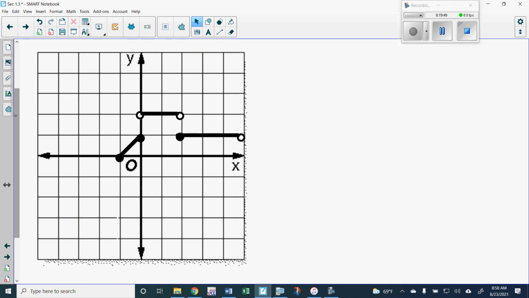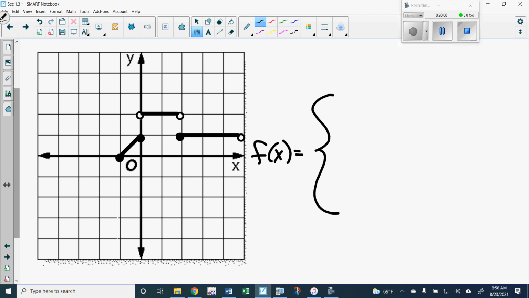So what you want to do is look at what is the domain over here of each piece. The first part goes from -1 to 0, right? I'm looking at the x's. So we'll say over here, -1 to 0. The second part goes from 0 to 2. And the third part goes from 2 to 5.